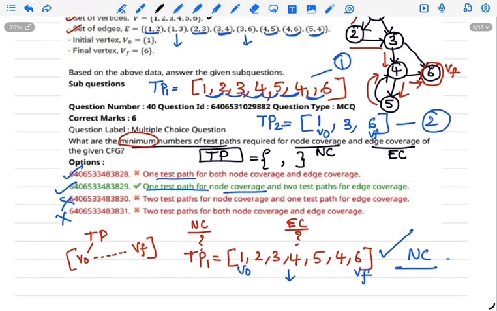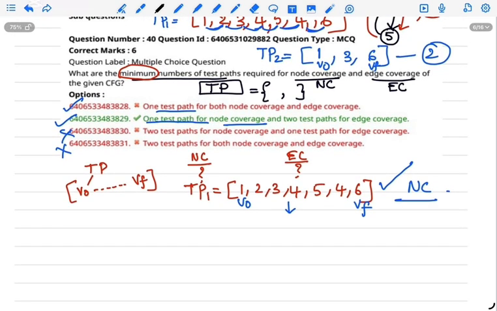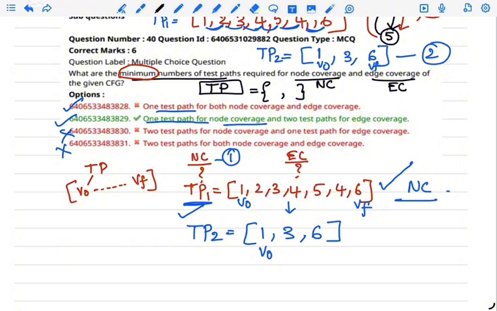For node coverage only one test path is required. For the edge coverage, test path 2, that is 1, 3, 6, must start with V0 and end with VF. Okay, these two are for edge coverage, 2 test paths. So in the option where both node coverage and edge coverage need one test path, that is wrong. So option B is correct. So the answer for this question is B.